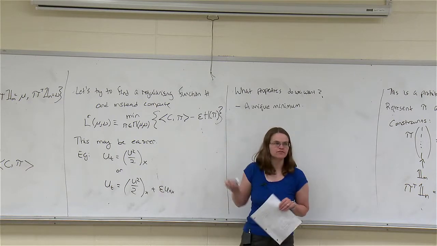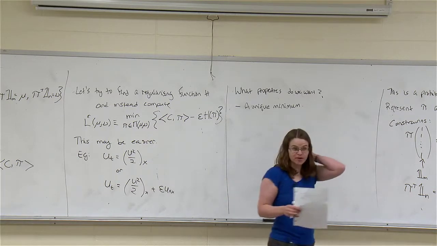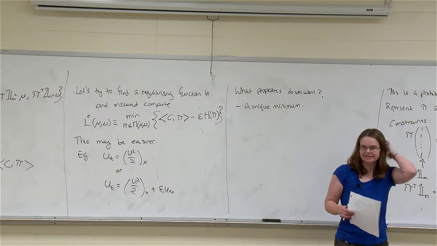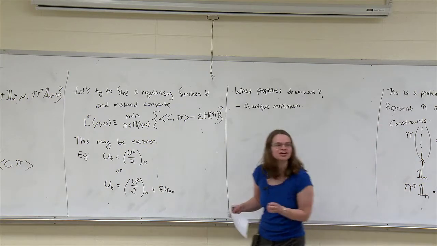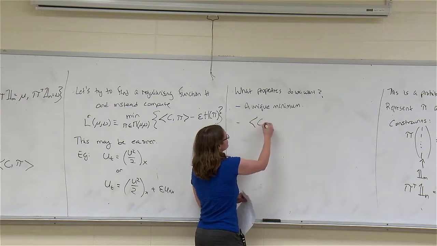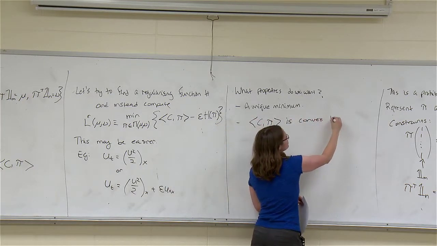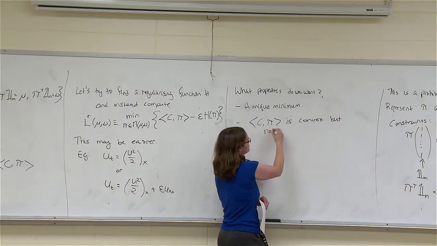Are linear functions convex? Yes, they're convex, but not uniformly convex, right? So I certainly have vanishing curvature. So this guy is certainly convex, but not uniformly.